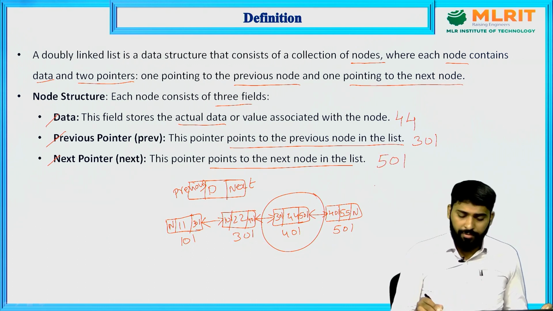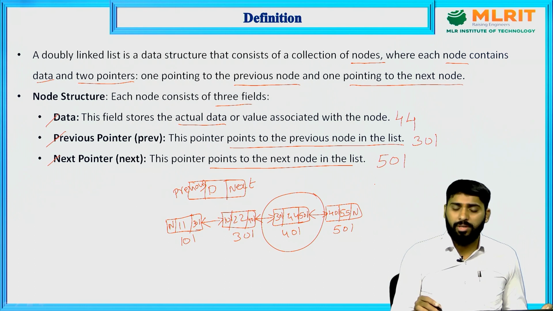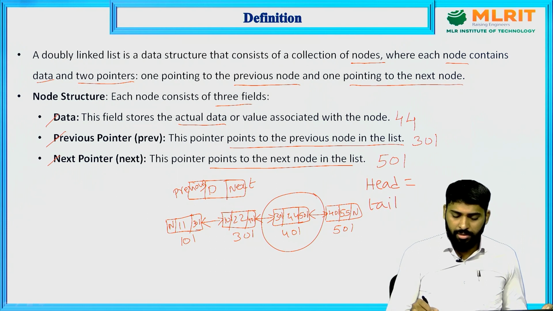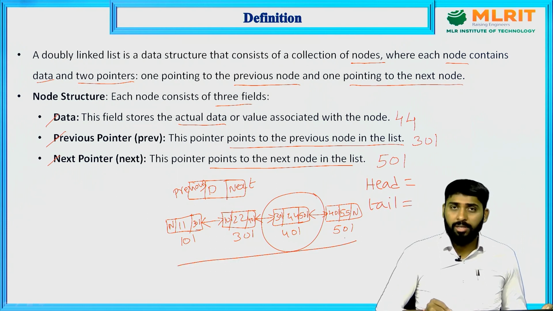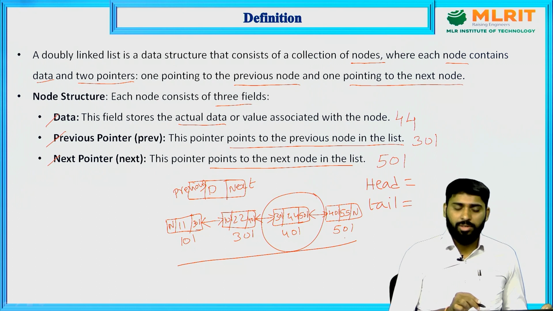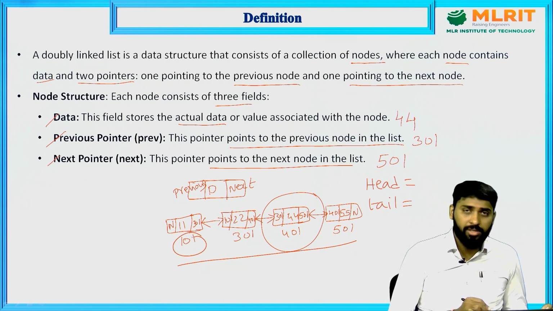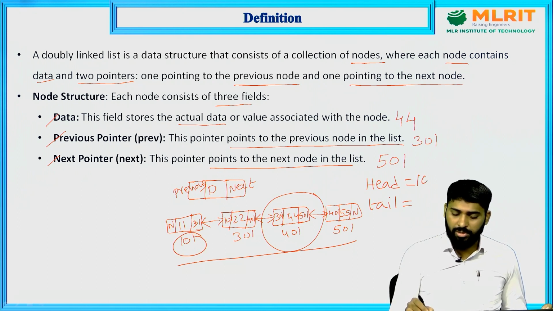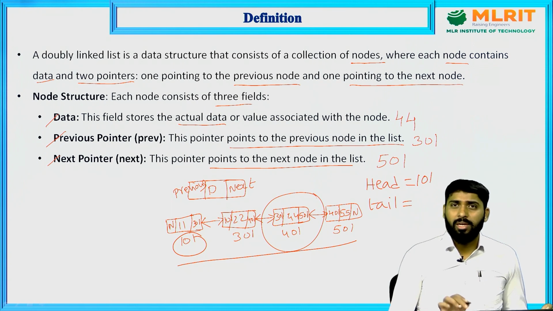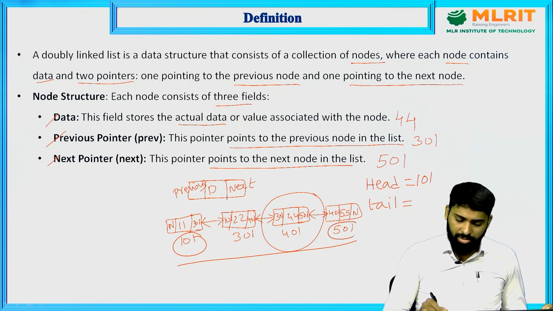Here we are going to maintain 2 pointers, one is head, another one is tail. For this list, head is the first node. So what is the first node? 101 is first node. Head is 101. Similarly, the tail always indicates last node in the list. In this case, the tail is 501.